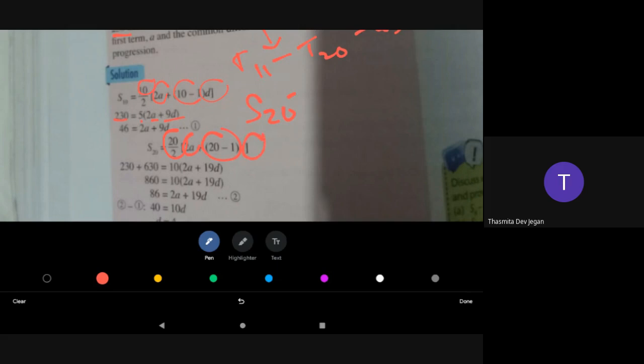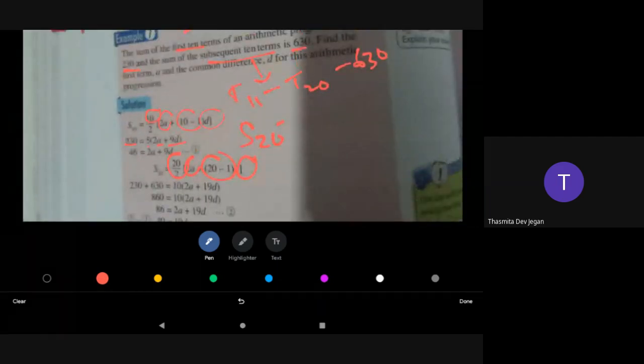We also don't know d. Given here is only the sum of the first 10 terms and then the subsequent another 10. So this one is not equal to 620.